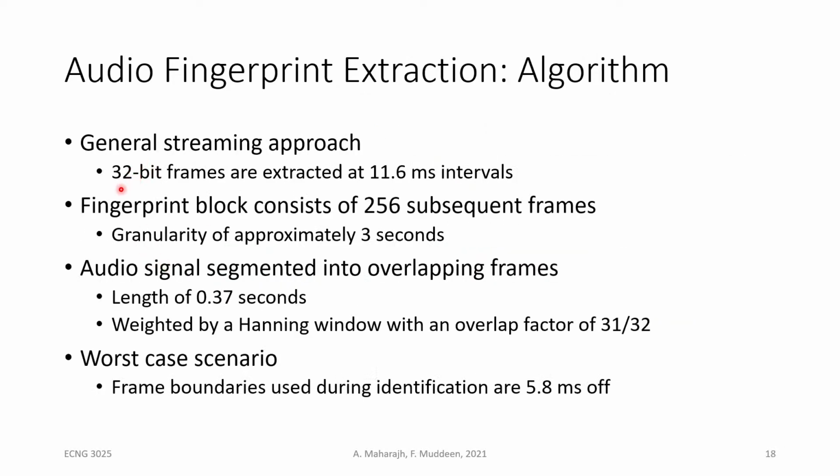Because they're 32-bit frames, this is a power of 2. 32 is 2 to the power of 5, since 3 is 8 and 4 is 16. Because this is 2 to the 5, when we're doing our FFT for this, that means we have 5 decimation stages.